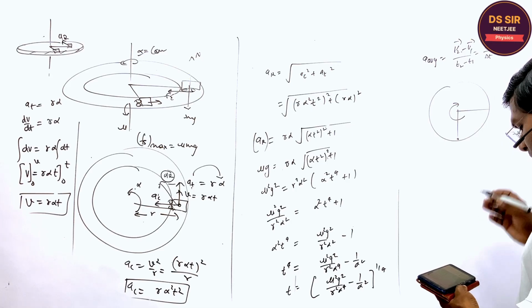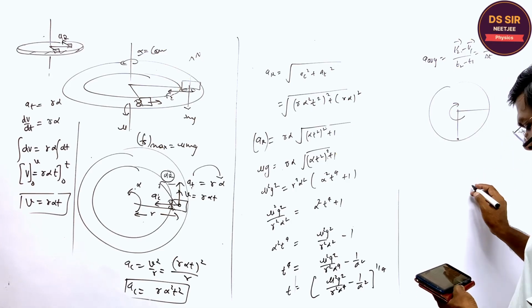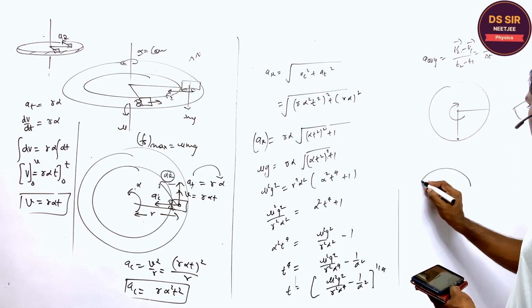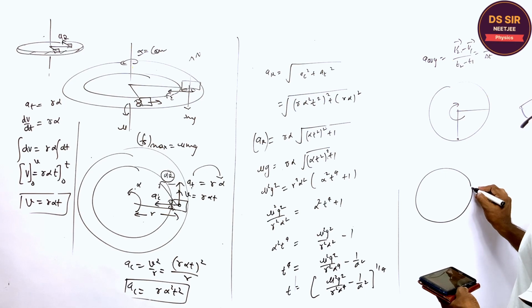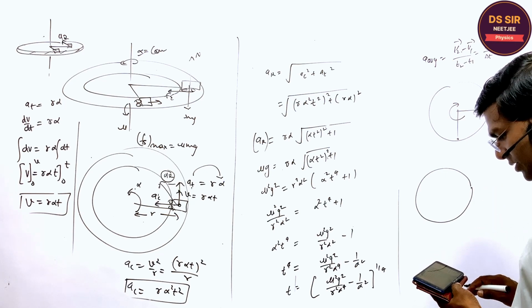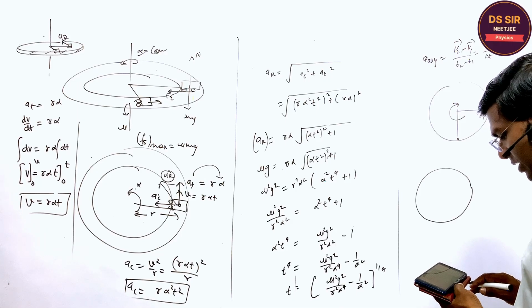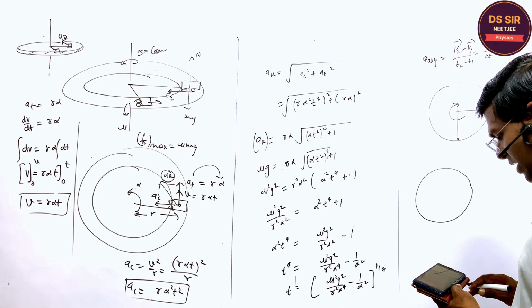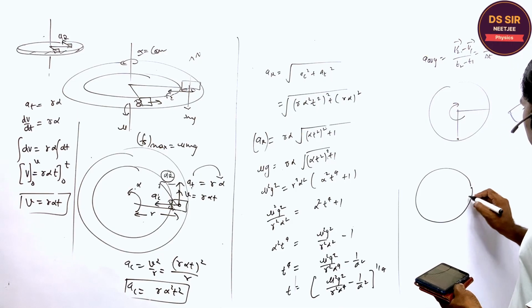Okay, wait one moment. I will try to understand. A particle moves like this, once in clockwise sense and once in anti-clockwise sense, and again in clockwise sense.